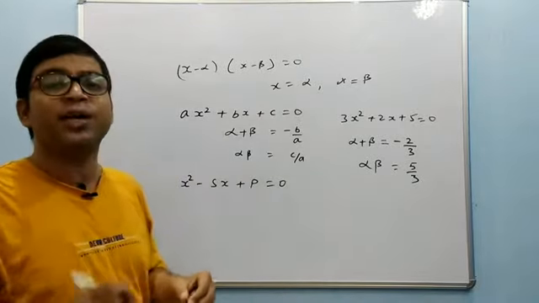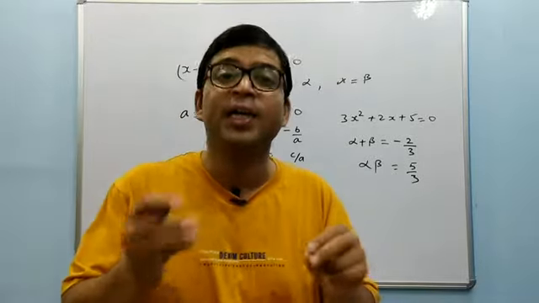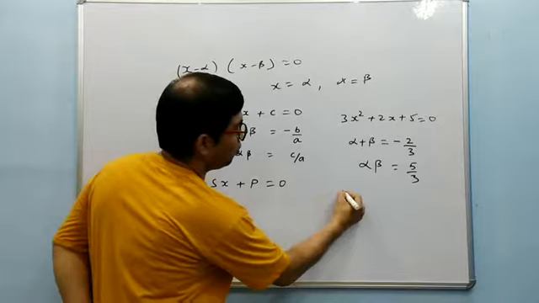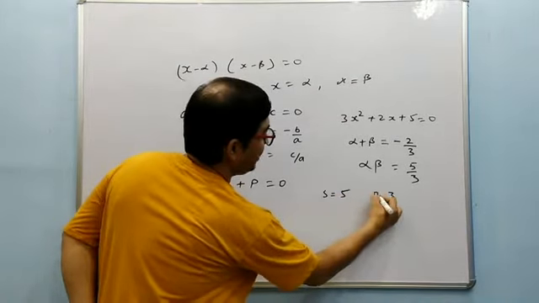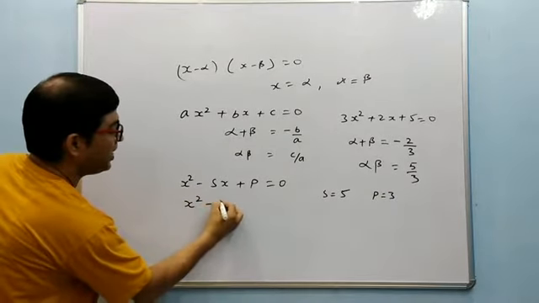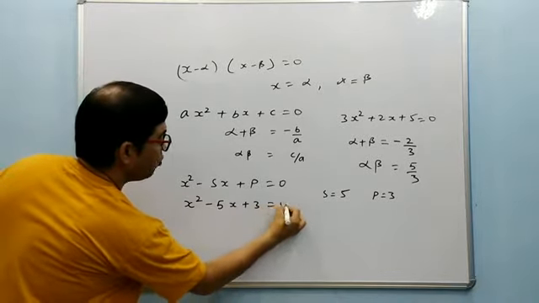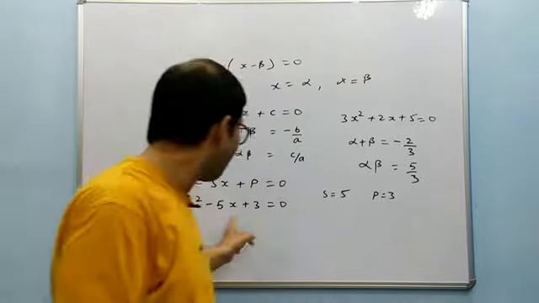So, for finding the equation of any quadratic, we need the sum and the product of the roots. Suppose it is given that the sum of the roots is 5 and the product of the roots is 3. What will be the equation? The equation will be x square minus 5x plus 3 is equal to 0. So with the sum of the roots and the product of the roots, we can form the equation.